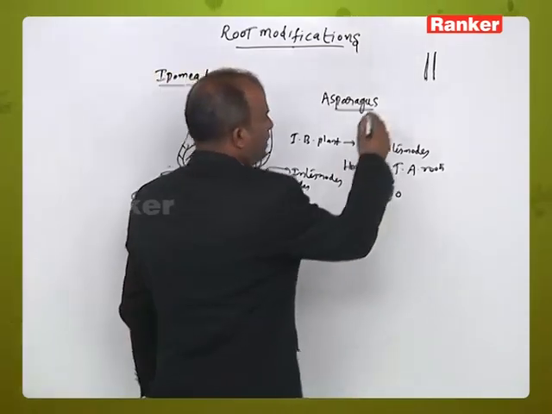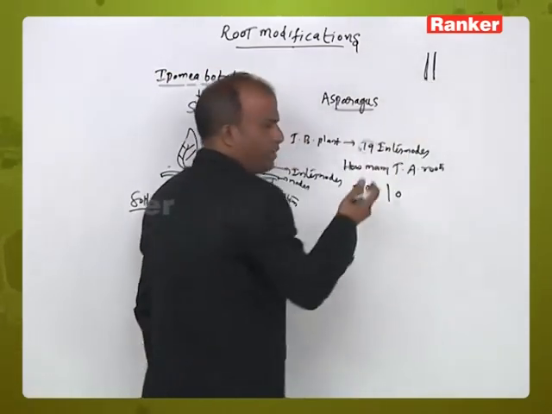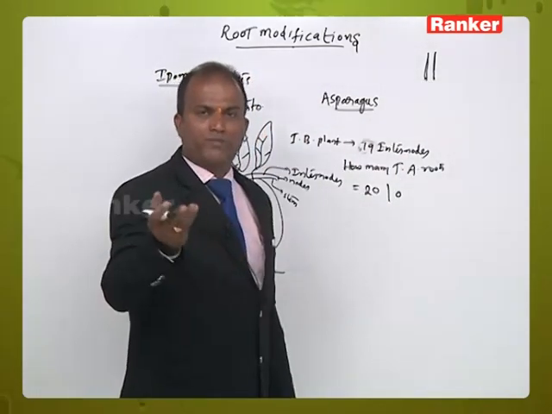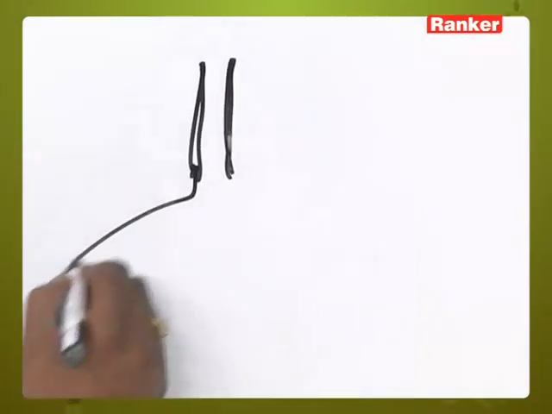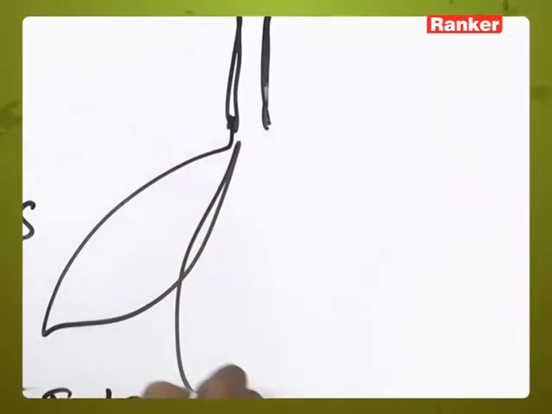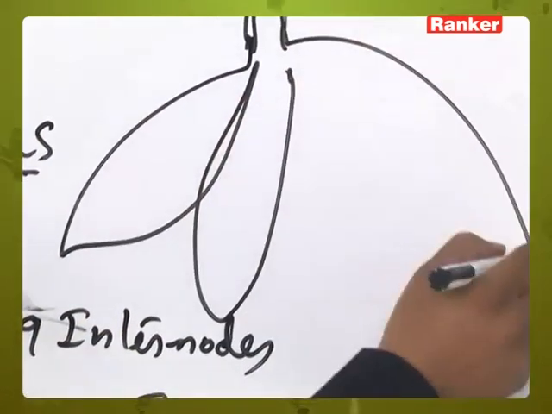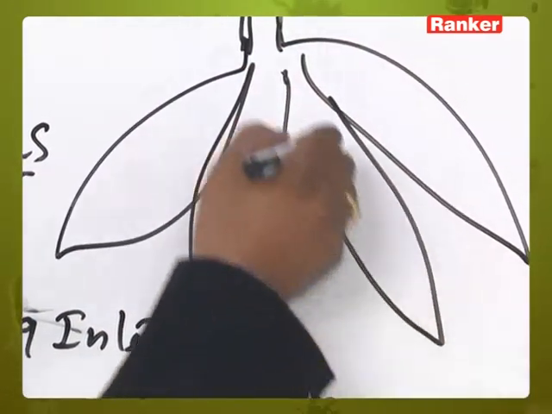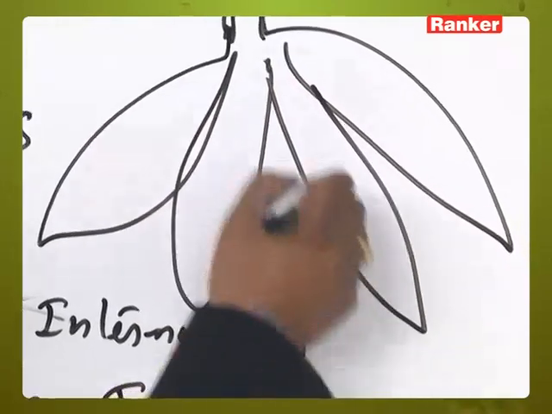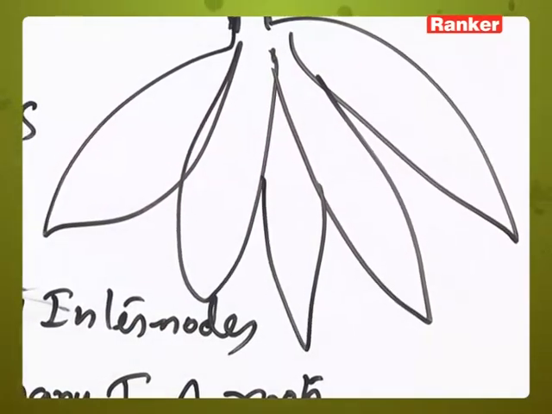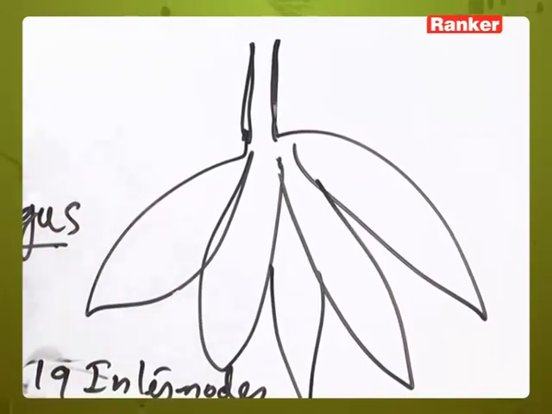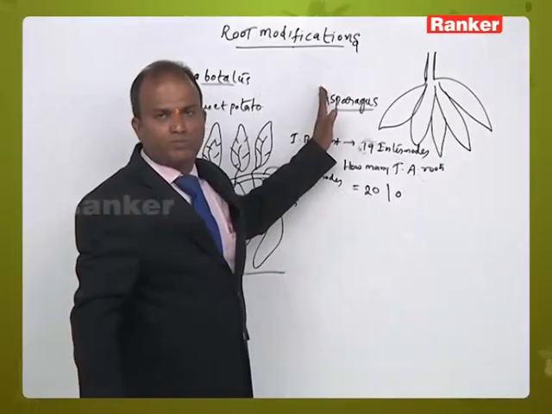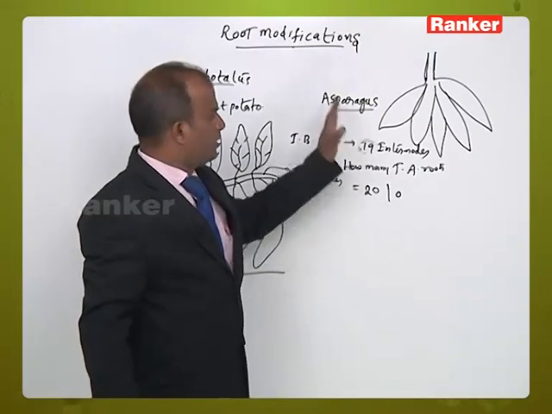From the basal part of the stem, fibrous roots develop. These fibrous roots, due to the storage of food materials, develop into a cluster or fasciculated tuberous fibrous roots, seen only in asparagus. Only in which plant here?